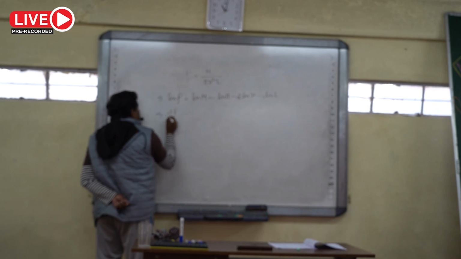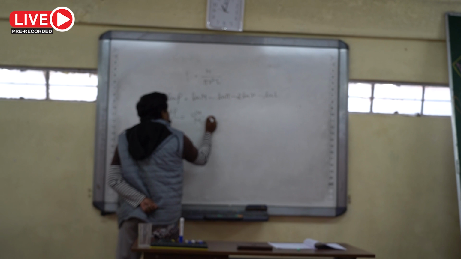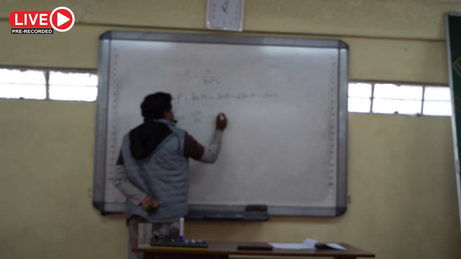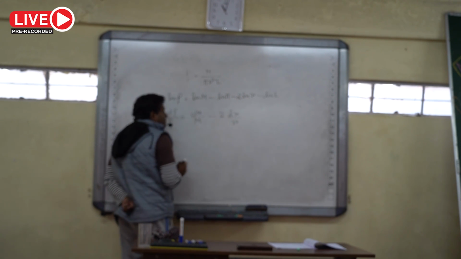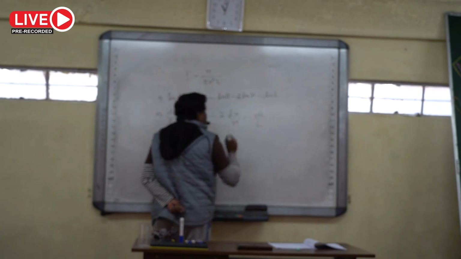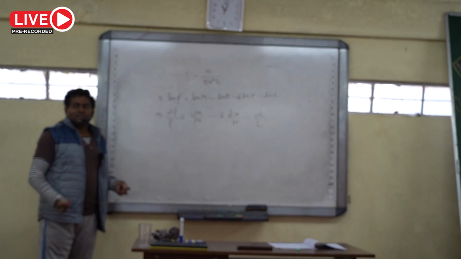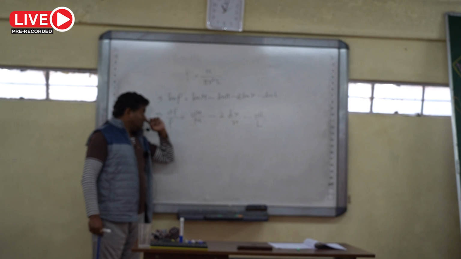It will give you d rho by rho equals dm by m minus 2 dr by r minus dl by L. Don't write d pi by pi, since pi is a constant, so its derivative is 0.